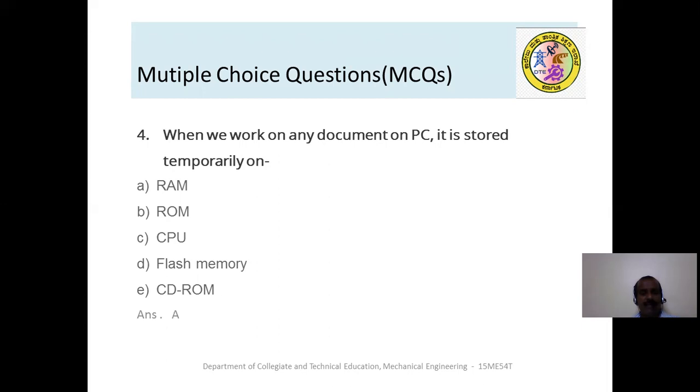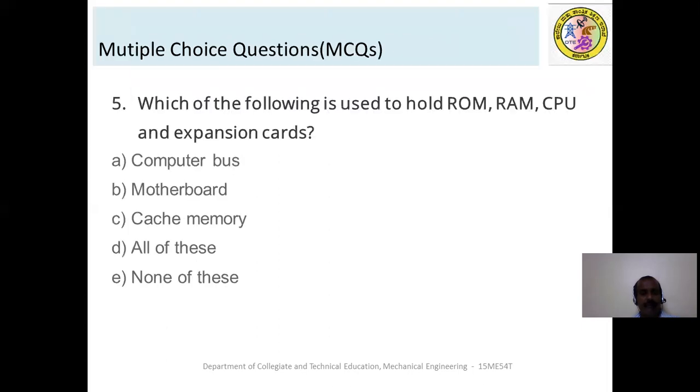The answer is A. Which of the following is used to hold ROM, RAM, CPU, and expansion cards: computer bus, motherboard, cache memory, all of these, none of these. The answer is B, motherboard.